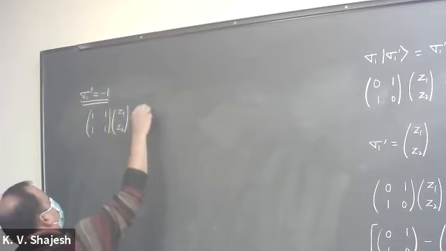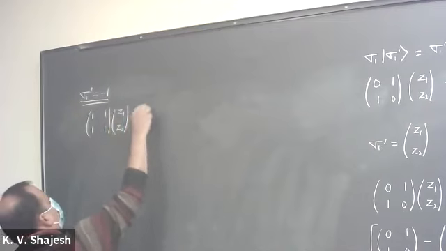Now there are two equations and two unknowns, so let's try to solve for that. Let's substitute Z1 equal to minus Z2 inside the normalization. So minus Z2 squared plus Z2 squared is equal to 1.